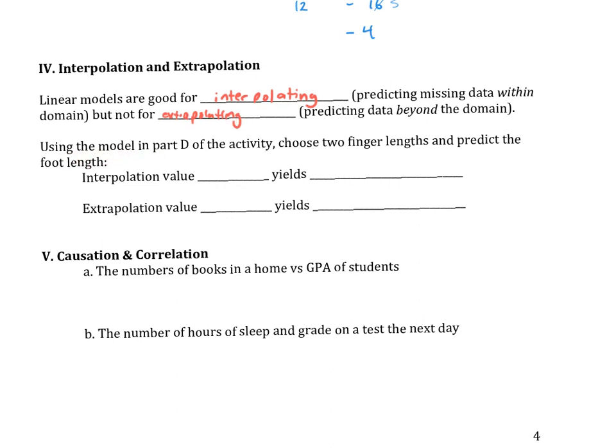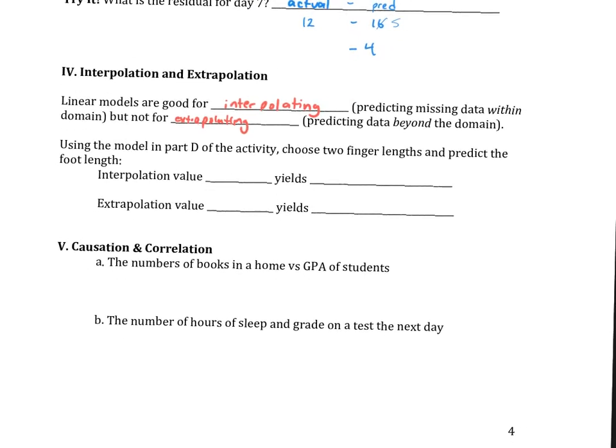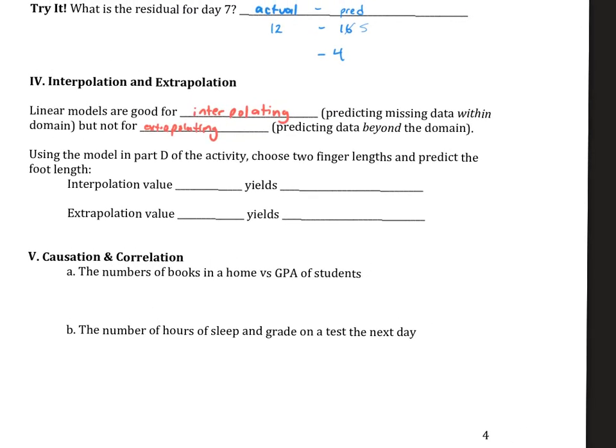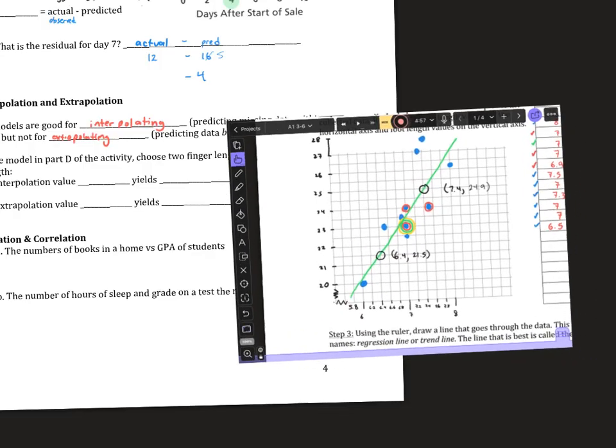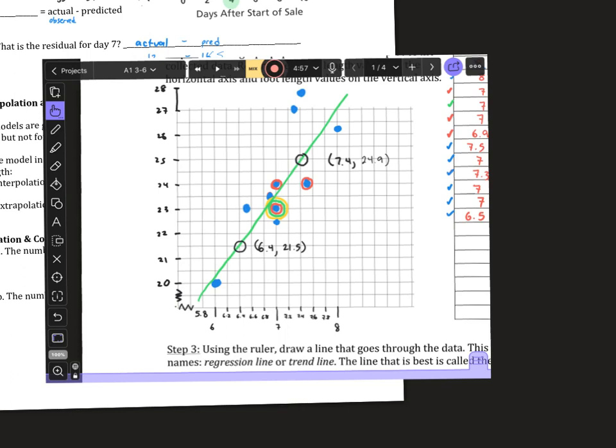So using model in part D of the activity, choose 2 finger lengths and predict the foot length. Interpolation value yields something, and the extrapolation. So let's look here. Again, I can't really make a prediction beyond 8. Okay? So interpolation says, in fact, I already have a point marked here, 6, 4, and 21.